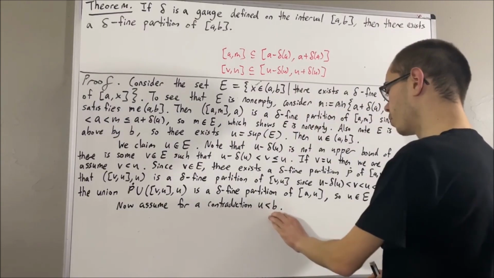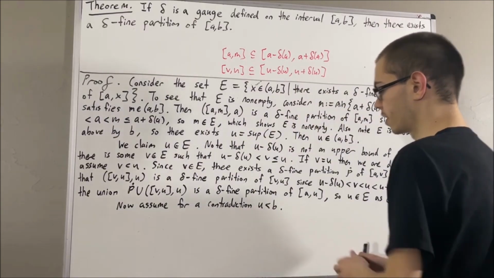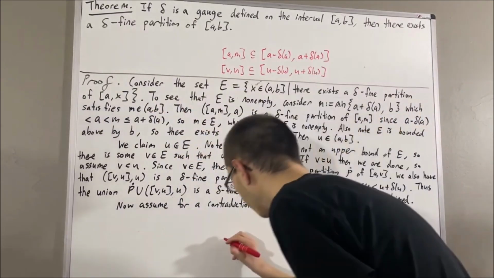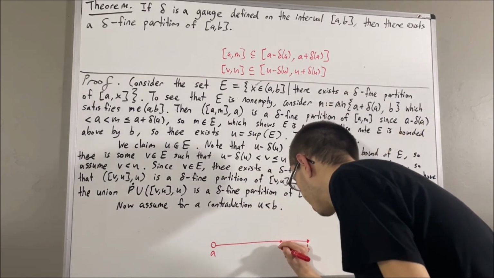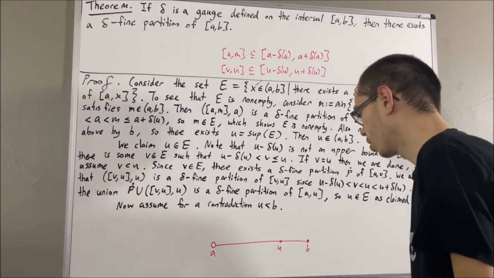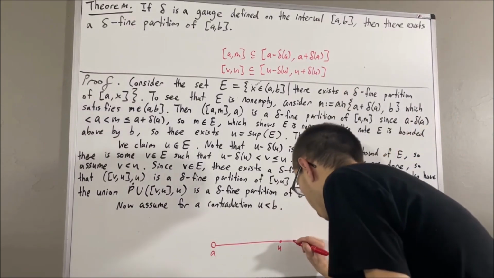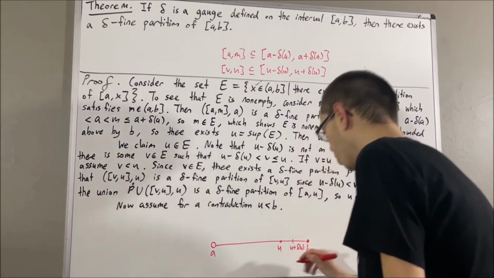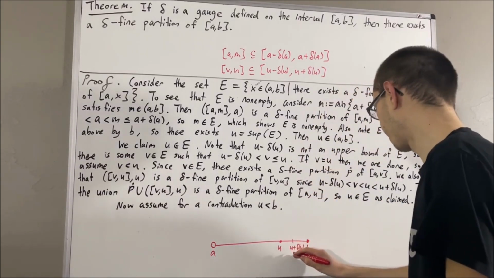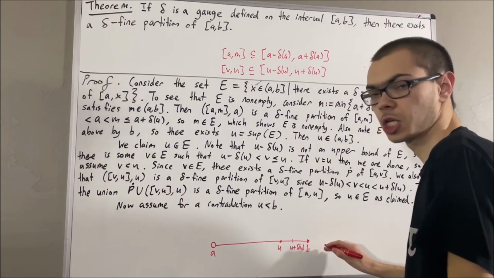So what goes wrong if u is less than b? Well, let's think about our interval. u is less than b in this case, so let's just say u is right there. Let's consider the quantity u + δ(u), which is bigger than u, but it might be bigger than b, we're not sure.